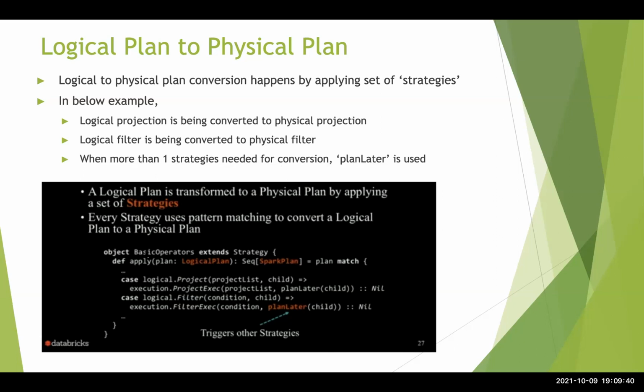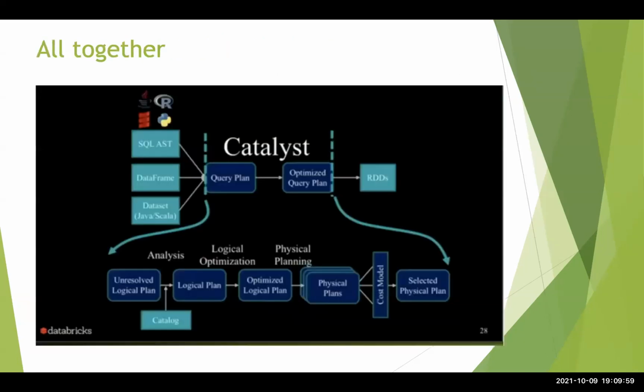You see, this is an object, this is Scala code, and you have one strategy, where you are projecting and filtering. After that, if you want to apply more strategies, you can say plan later. So in the tree, whatever is the next strategy in your set of strategies, it will execute that.